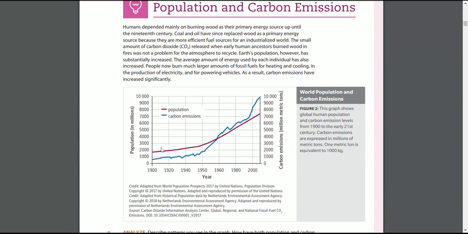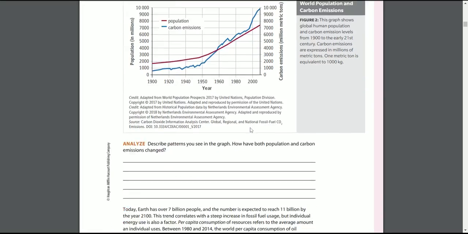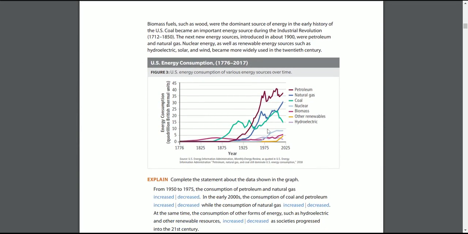We looked at how as the population increased over the past century, but you could go back even longer, carbon emissions went straight up with it, because the more people there are, the more we need energy, and the main source of energy we use is carbon emissions. We also looked at how different types of energy have changed over the last couple hundred years.